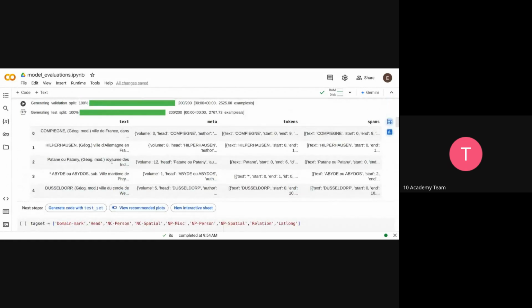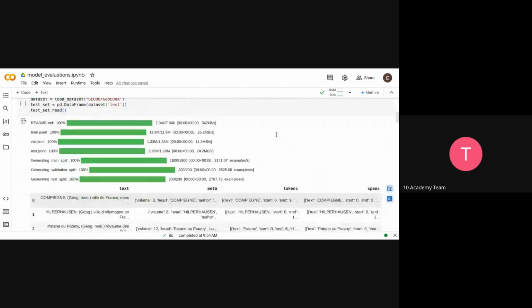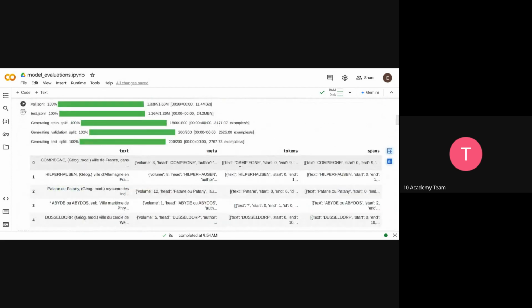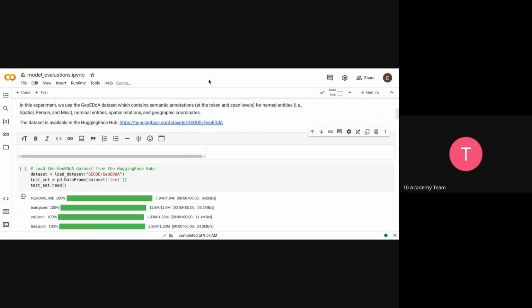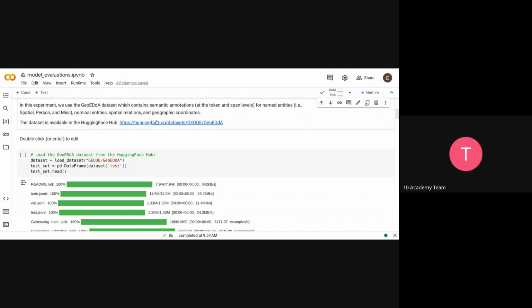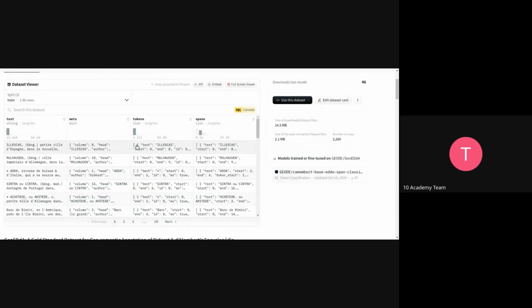You can see that in the data set there is text in one column, and then tokens, so it's tokenized. Let's open the data set card on Hugging Face.